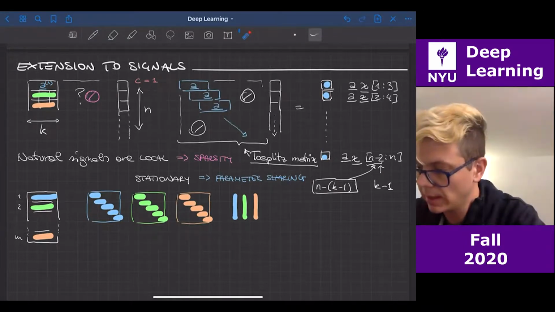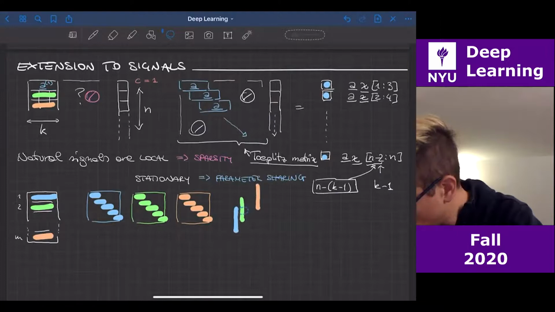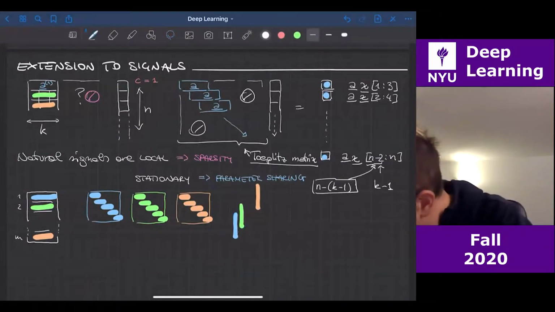So actually, let me reshape this one in this way. So this would be the last one. This would be the second one. And so we can think about this one as being like, this is my front face, and then it goes up this way, right?